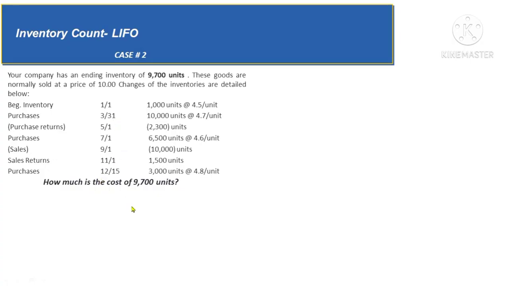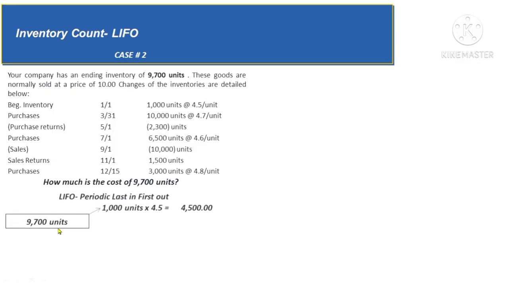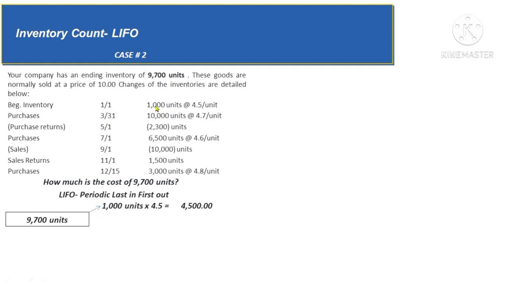Applying that in this case, out of the 9,700 units, we are sure that the 1,000 units come from the beginning inventory group, and the remaining 8,700 come from the purchase on 331. So get the total of these two, and we will have 45,390 as the ending inventory under LIFO periodic.